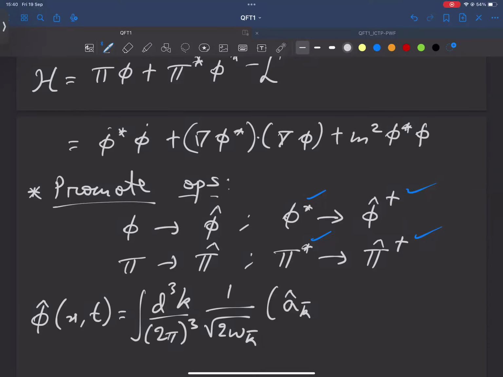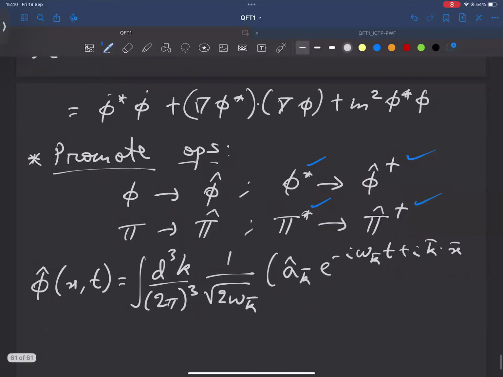So we are allowed to just promote everything with a hat. Okay, right. So B will now turn to be B dagger.